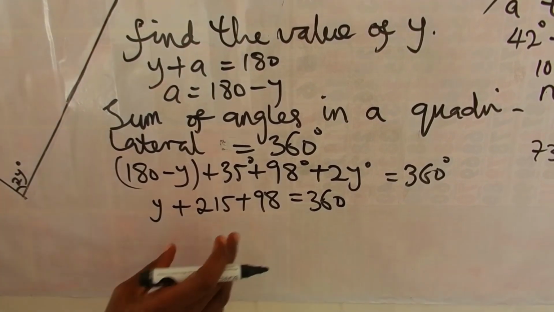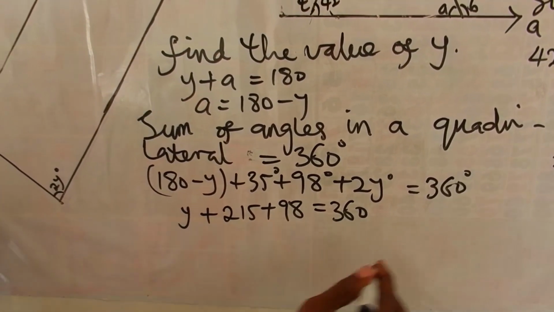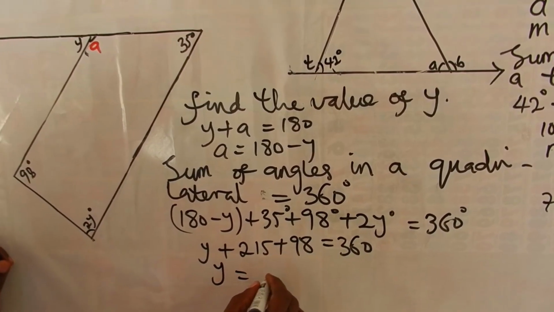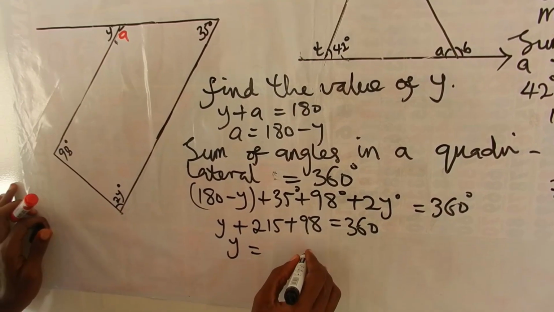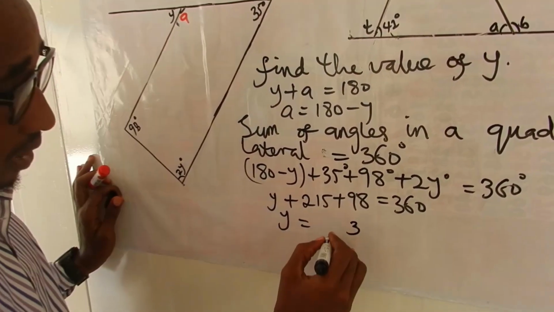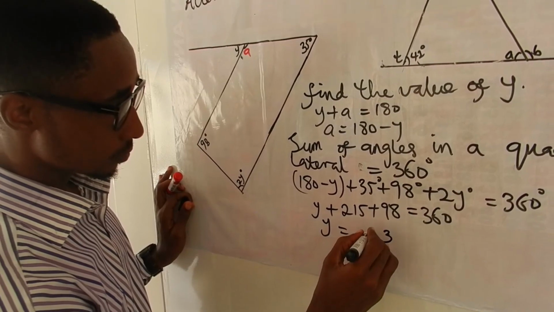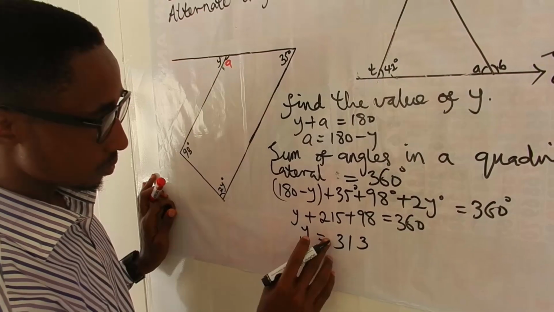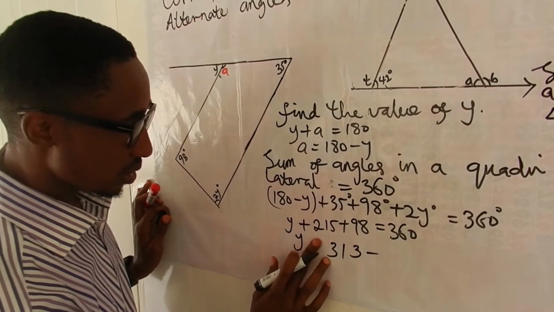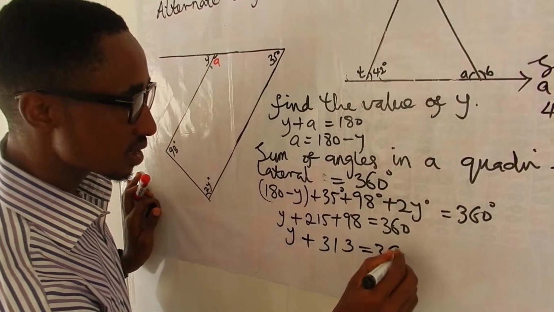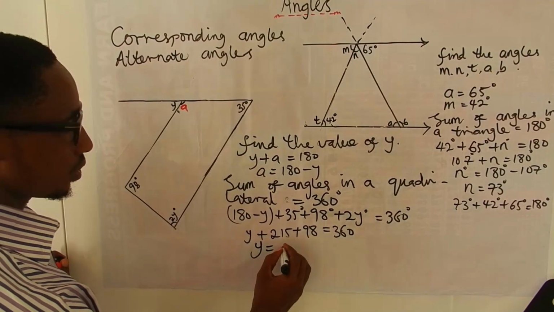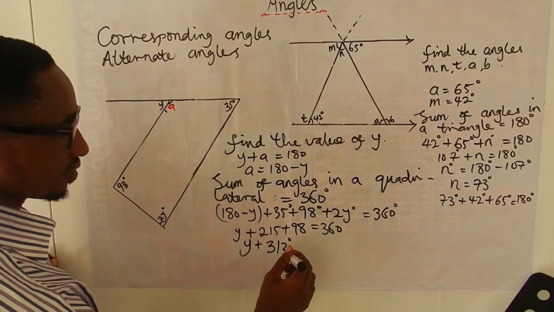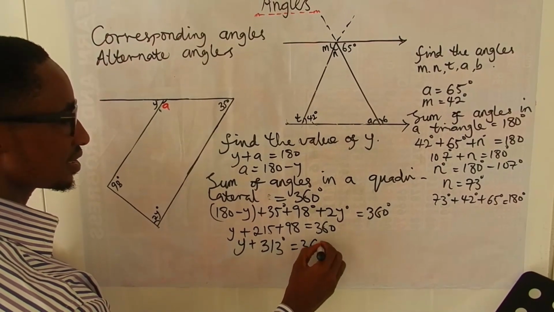Okay? So I have this 98 plus 215. I have here as 313. So 313 plus y equals 360 degrees.